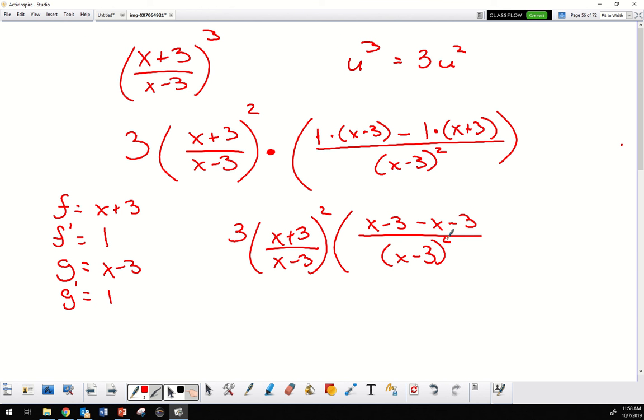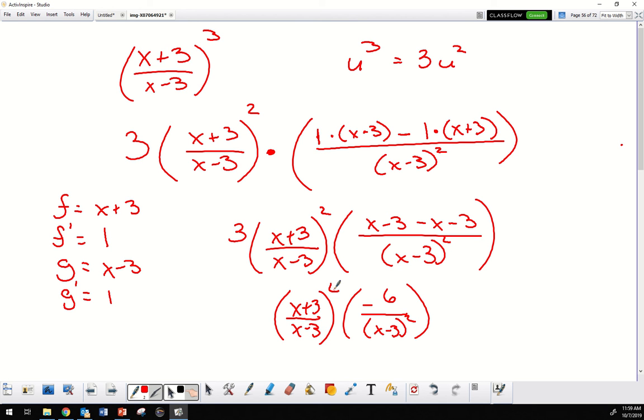So what's going to happen to my x's? They're going to cancel. There are no squares, nothing too complicated. Usually if there's nothing too complicated, you're going to see something go away. In this case my x's go away. So it came up with negative 6 over x minus 3 squared, times x plus 3 over x minus 3 squared.